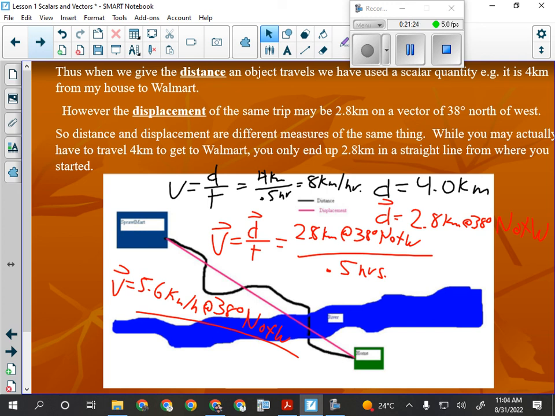Now, on your car, you have this little thing called the odometer. Does it tell you the distance your car has gone or the displacement your car has gone? Distance. Why is that important? It's how you use your engine.